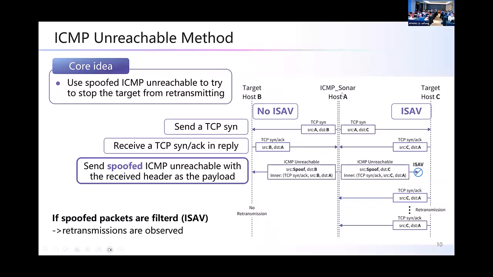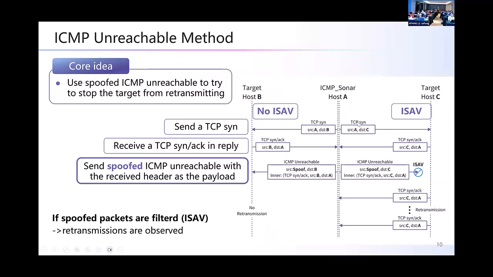First, we send a SYN to the target. The target may be in a network where ISV has been deployed, or a network with no ISV deployed.